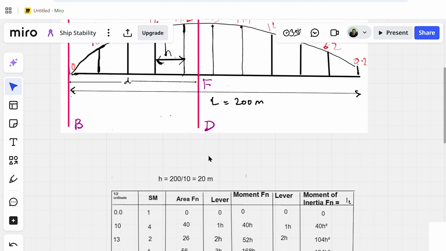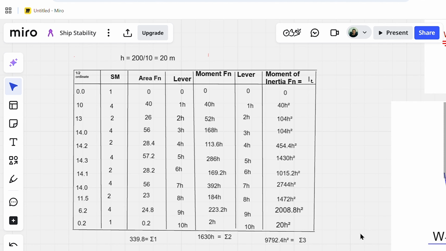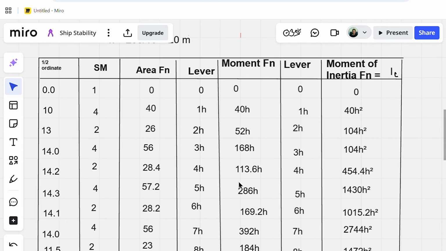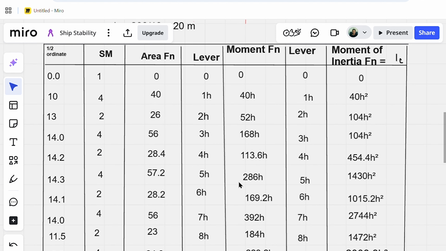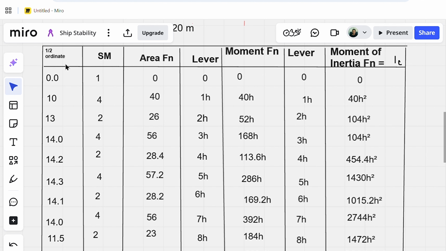Now let's go to Simpson's rule. There are 11 ordinates, so rule number 1 we can use. Make columns in tabular method: half ordinates, then a second column with Simpson's multiplier, area function, then levers for moments, then first moment of area function, then again the same levers because we need the second moment of area, which is also called the moment of inertia function.